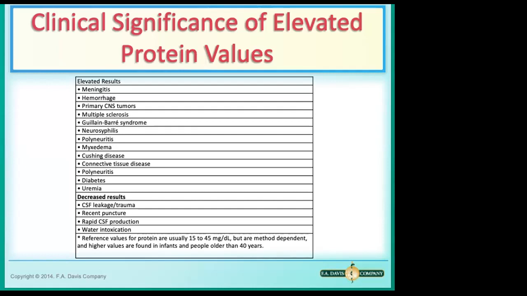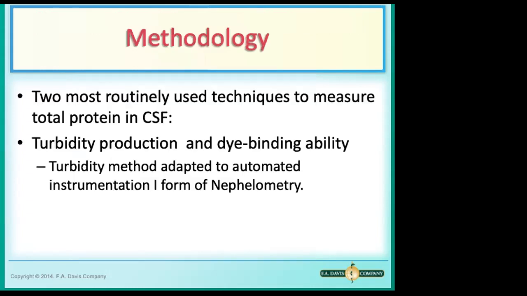Decreased protein values in the CSF can be a result of CSF leakage, trauma, or a recent puncture. Okay, so we have to be able to tell the difference.